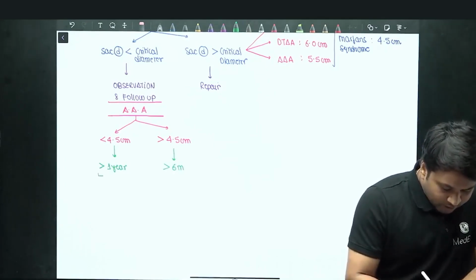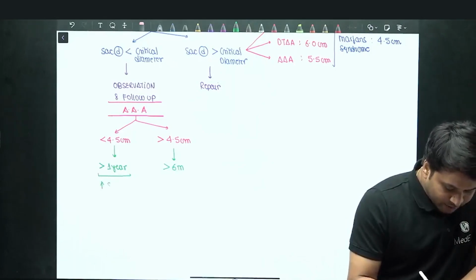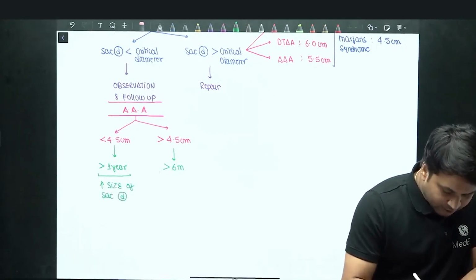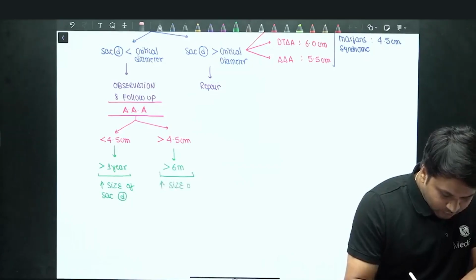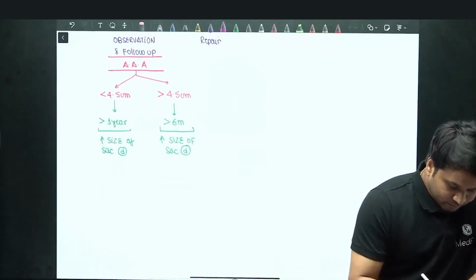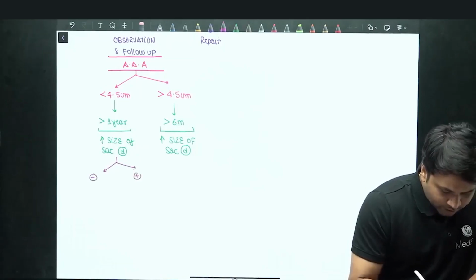Now, after 1 year of follow-up, I will see the increase in the size of the sac diameter. Same thing I will be assessing here: the increase in the size of sac diameter. Now, I can have two things: there is no increase or there is presence of increase.